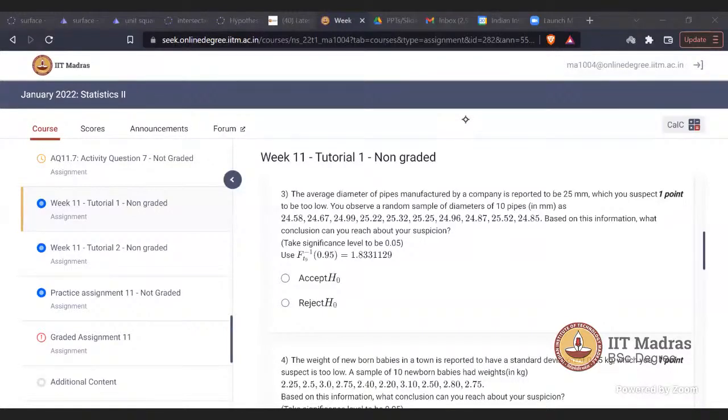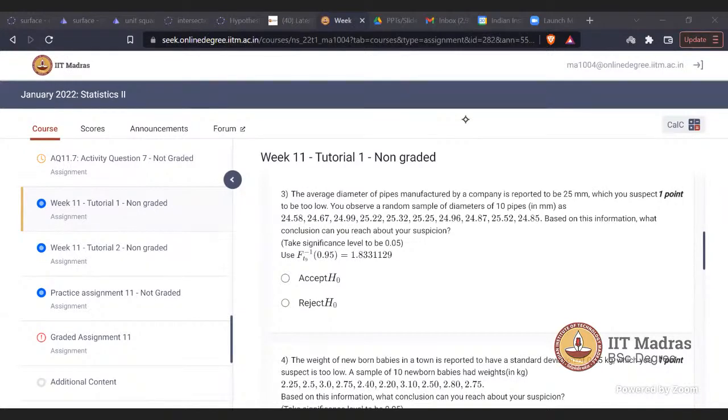The alternative is less than mu, suspecting less than 25, but I thought the other way, like the average diameter of the pipe is suspected to be very low. So there's a chance of considering this as mu less than 25, right? Getting my point?